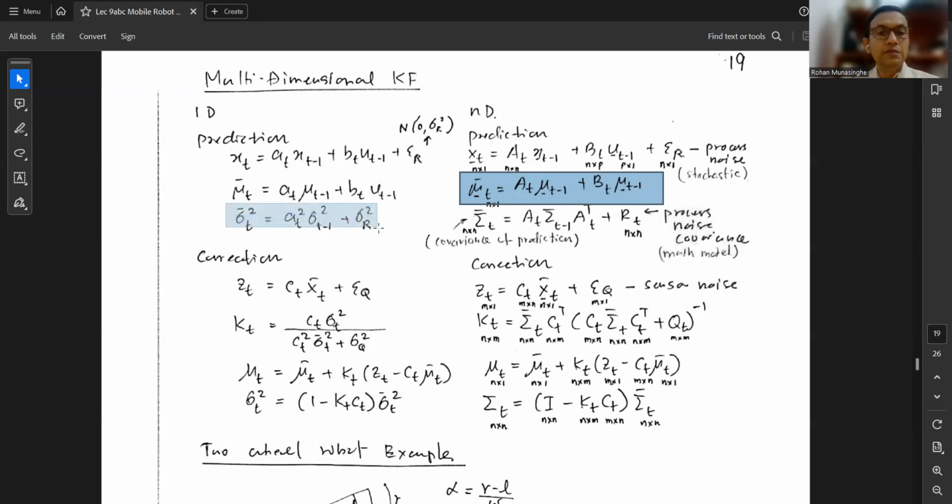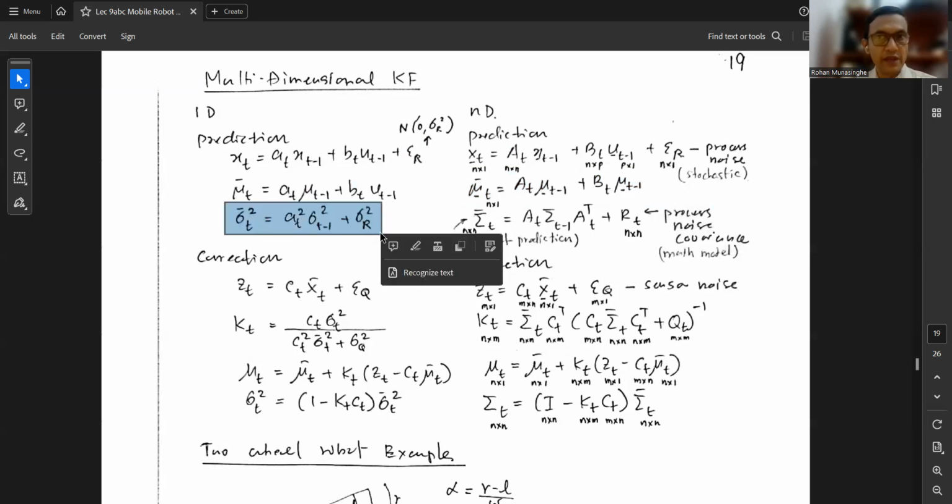What about the predicted covariance? Now, you remember the probability distribution functions I showed you from t minus 1 to t. There are three probability density functions, right? One is at t minus 1, the other two at t.